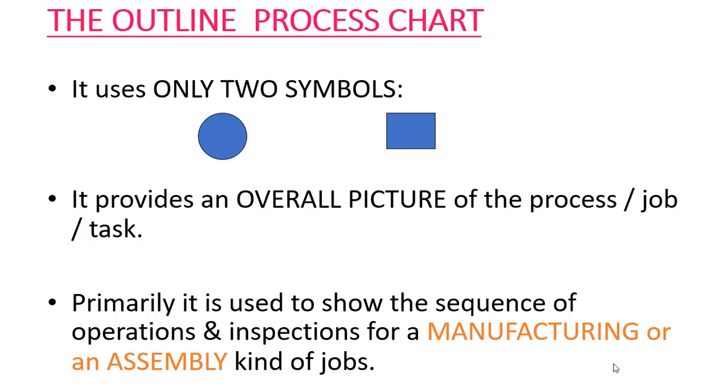So there are two applications of the outline process chart. First is manufacturing operation, where we can record the facts of a manufacturing process. Also we can record the facts of an assembly operation with the help of the outline process chart.